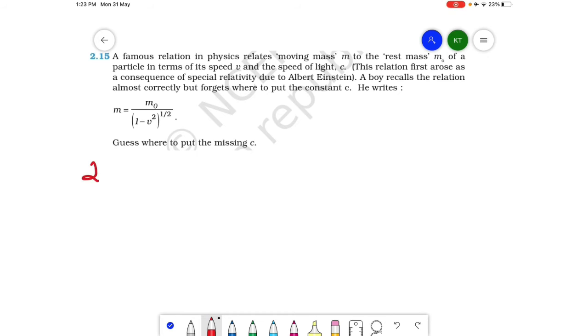Question 2.15. A famous relation in physics relates moving mass m to the rest mass m0 of a particle in terms of its speed v and the speed of light c. So the quantities mentioned here are m and m0. These are both mass.